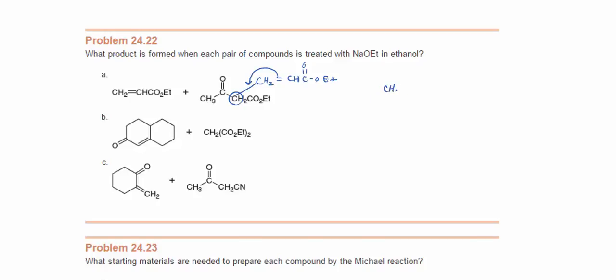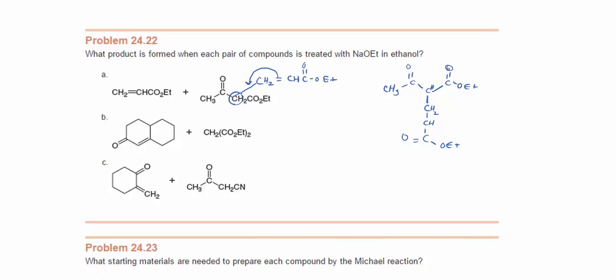So we have this as our product. Let's see if I draw this up this way. So we retain this ester, but now I need to make this new bond. So this would be my product.